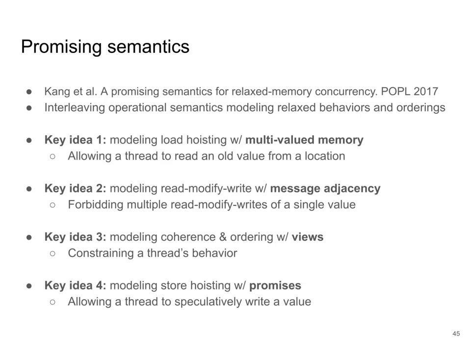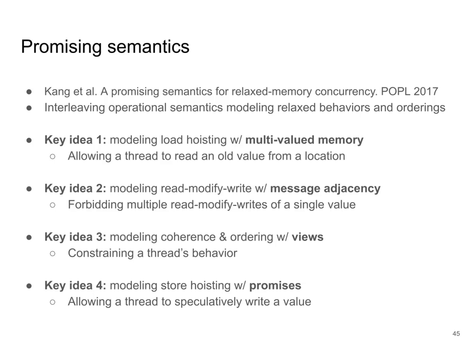So the reason is that we want to allow what is called load hoisting. That means that a later load should be able to be reordered so that the later load can be executed before an earlier instruction.